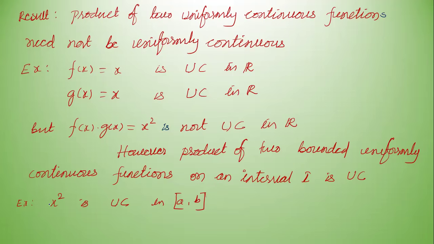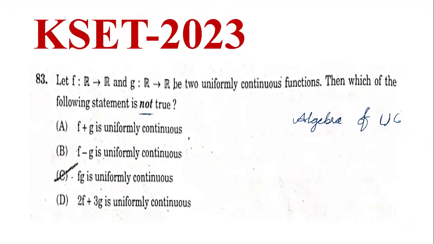For example, x square is uniformly continuous in a comma b, or else minus 1 comma 1, or minus 2 comma 2, or minus 10 comma 10, any bounded interval. Therefore, right answer is option C.